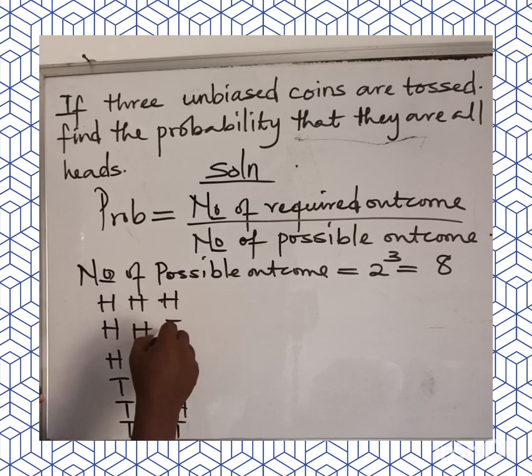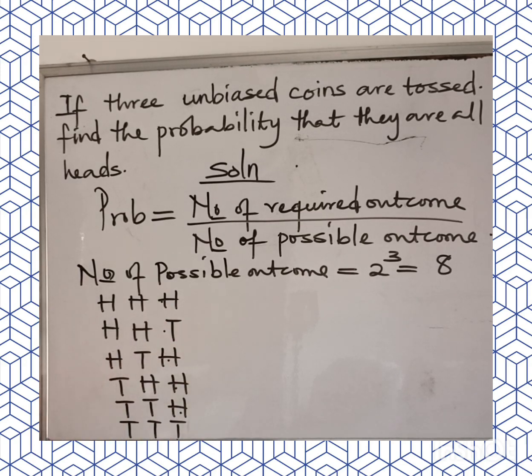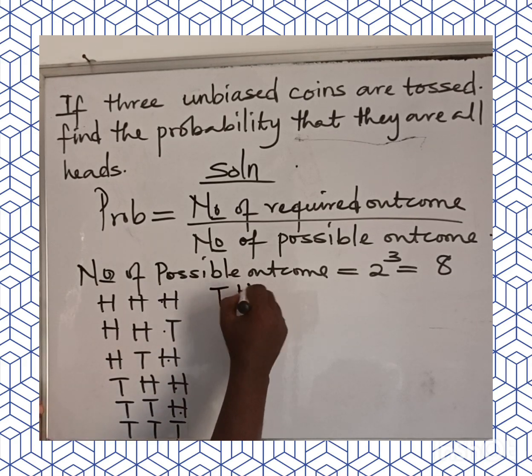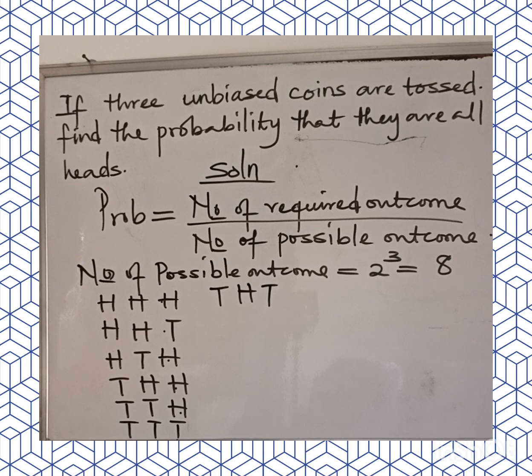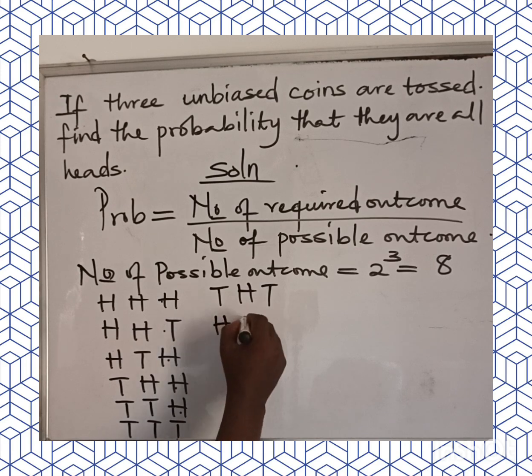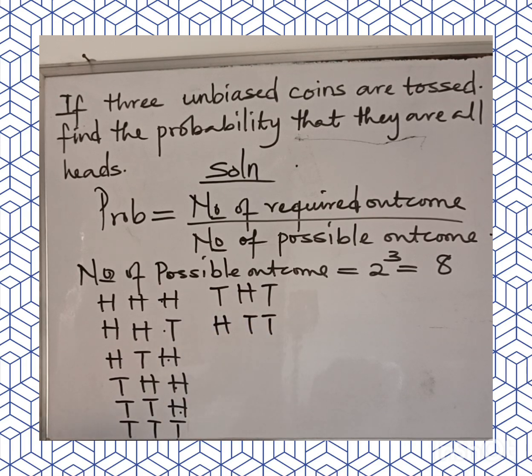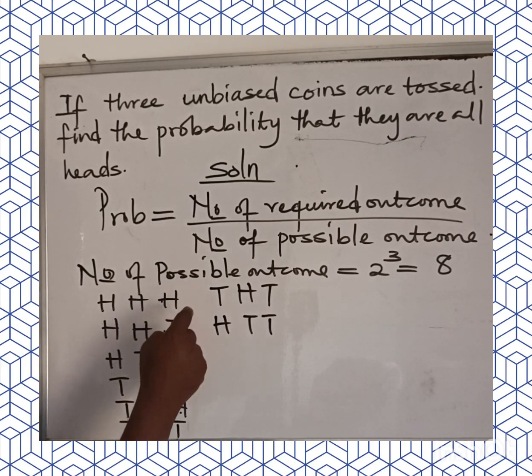How many is this? 1, 2, 3, 4, 5, 6. We have 2 more. So which one are we going to get next? We can also have HTT. Looking at this now, I have 1, 2, 3, 4, 5, 6, 7, 8.